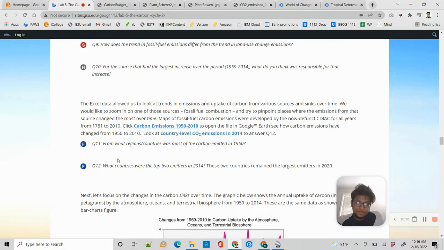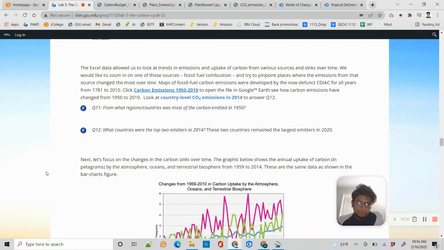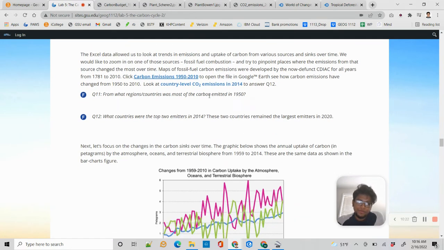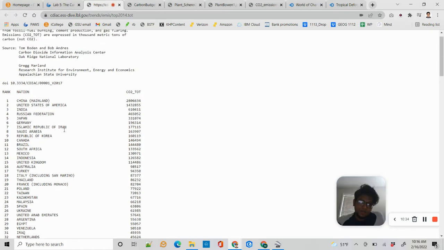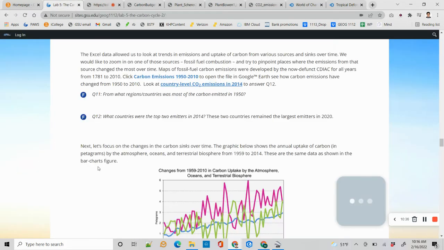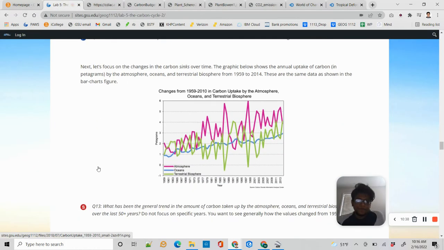It is based on them. So who emitted most of the carbon during 1950, and what countries were the top two emitters in 2014? For country-level carbon dioxide emission in 2014, if you open that file, it will give you a list. You can answer based on that, and that's really easy. So let's focus on the carbon sinks over time.